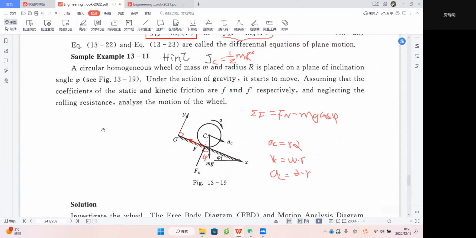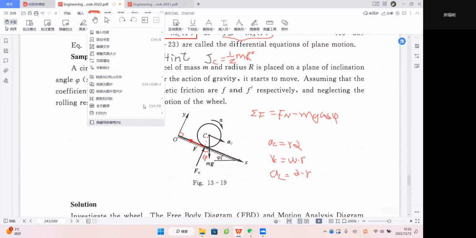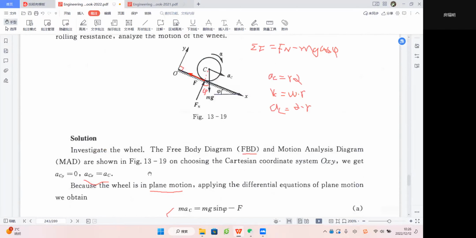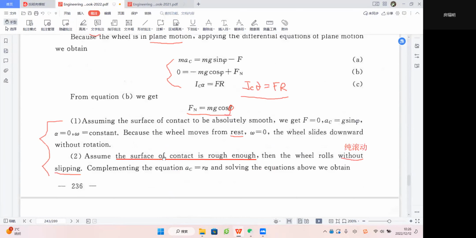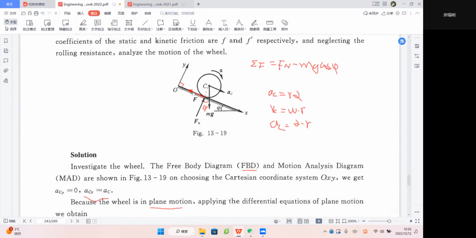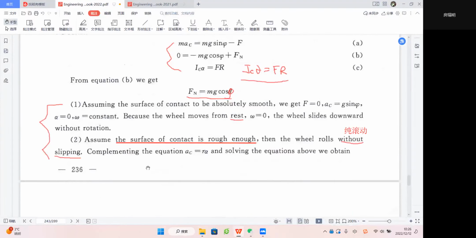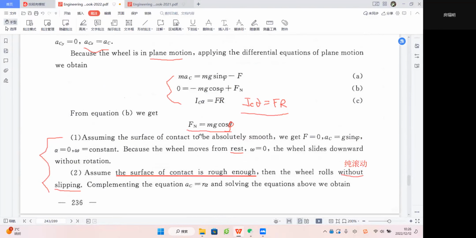In the second assumption, because the surface was rough enough, we had the friction F. If the surface of contact is rough enough, the magnitude F has no relationship with Fn, right? It's just because of this equation that we find its magnitude. But if we assume the surface is not rough enough, then it will have kinetic friction.